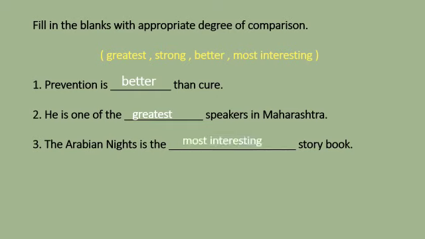Answer: most interesting. The Arabian Nights is the most interesting storybook. No other man was as dash as Bhim. Answer: strong. No other man was as strong as Bhim.